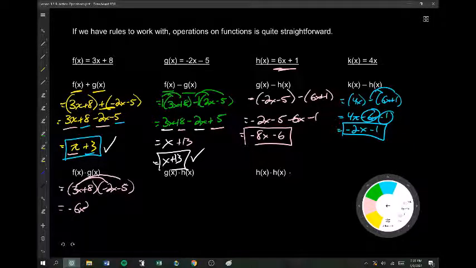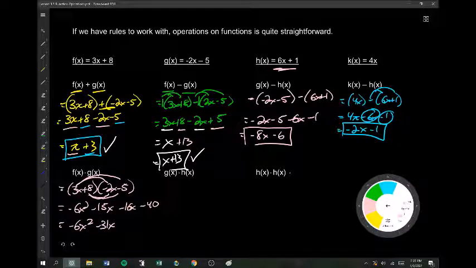Distribute the negative 5 to get negative 15x. Distribute 8 to negative 2x and you get negative 16x. And then 8 times negative 5 is negative 40. This becomes negative 6x squared minus 31x minus 40. I combined these like terms in the middle. Negative 15x minus 16x is negative 31x.